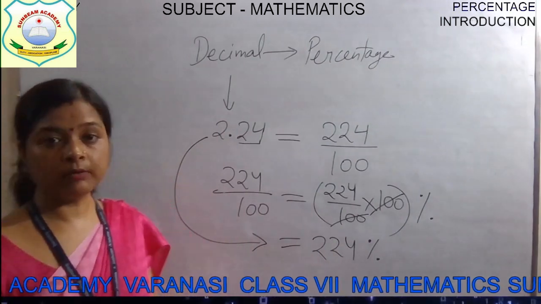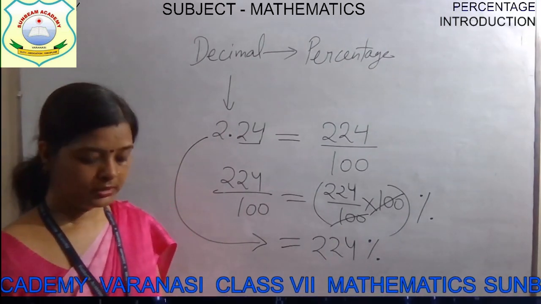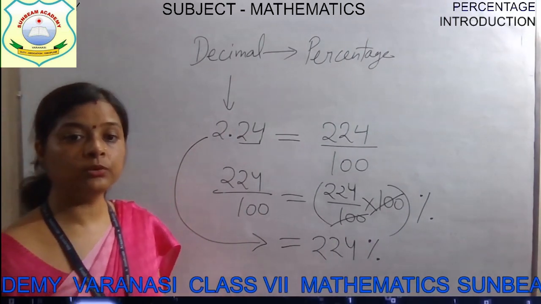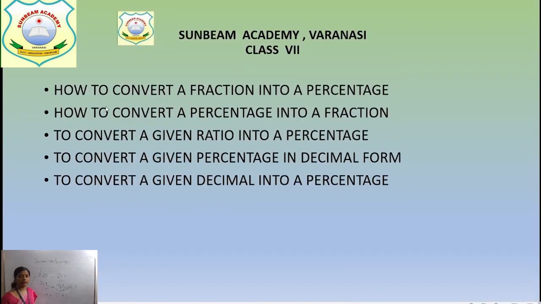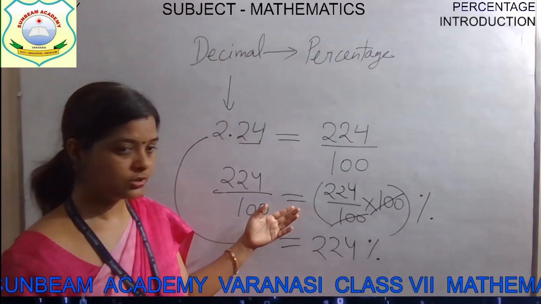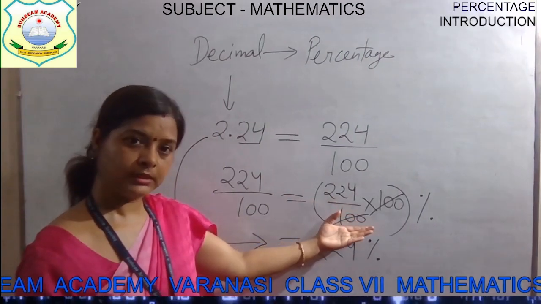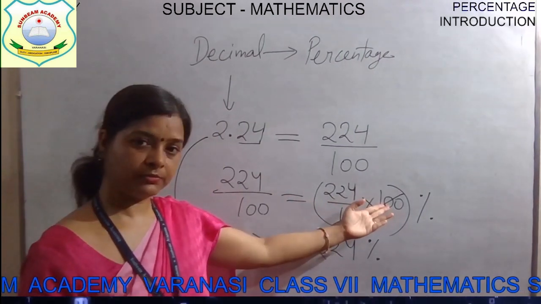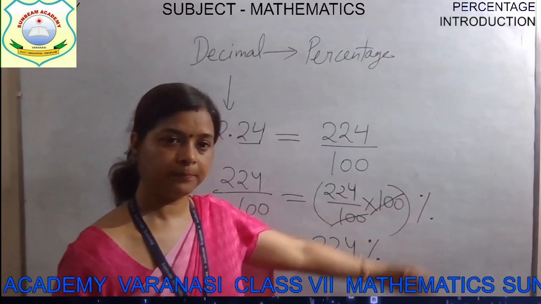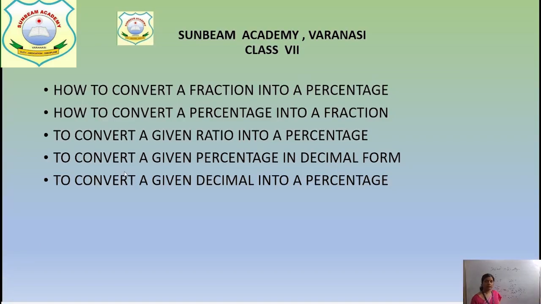Now let's review the 5 points. How to convert a fraction into percentage? Multiply the fraction with 100 and put the percentage sign. The next point was how to convert a percentage into fraction.